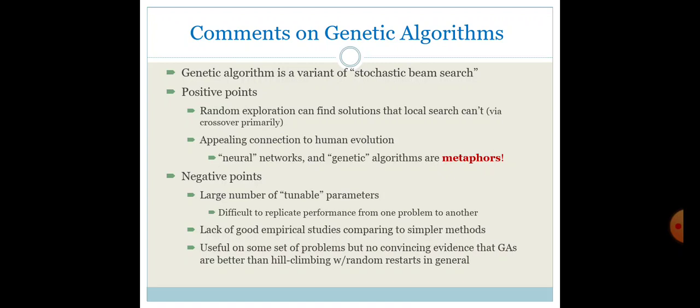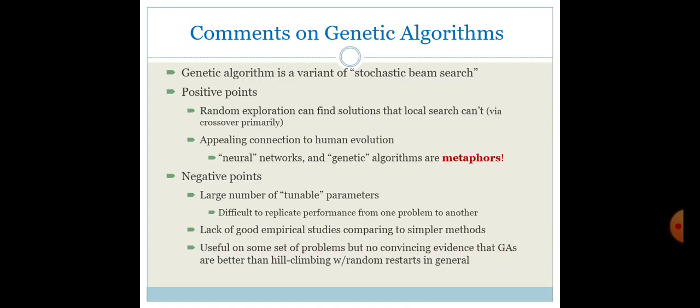But there are some negative points as well, as a genetic algorithm involves a large number of tunable parameters such as design of the fitness function, choosing of the crossover point, etc. So it is difficult to replicate the performance of one genetic algorithm for one particular problem on another.